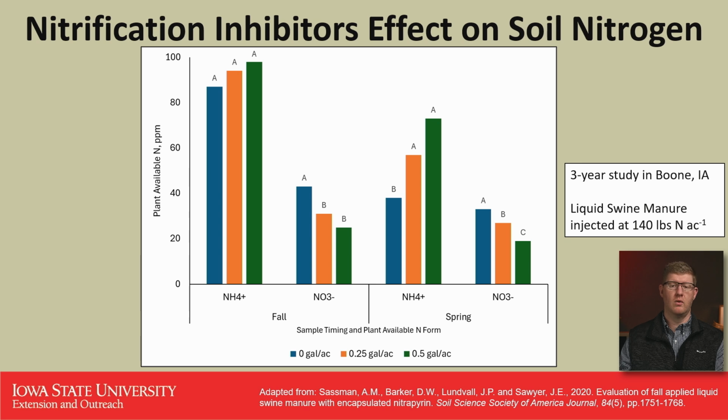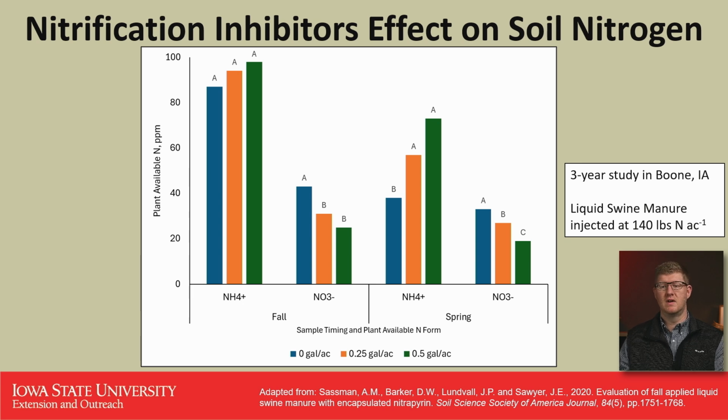So the main takeaway here is that in the fall, where you had an inhibitor product, you actually had lower nitrate concentrations in your soil. That's somewhat promising, that we can actually reduce the amount of nitrogen converting over to nitrate. And if you look on the right-hand side of the figure for the spring, where you had an inhibitor, you actually saw greater amounts of ammonium. So we were protecting that nitrogen from that manure, keeping it in the ammonium form and keeping it in the soil.